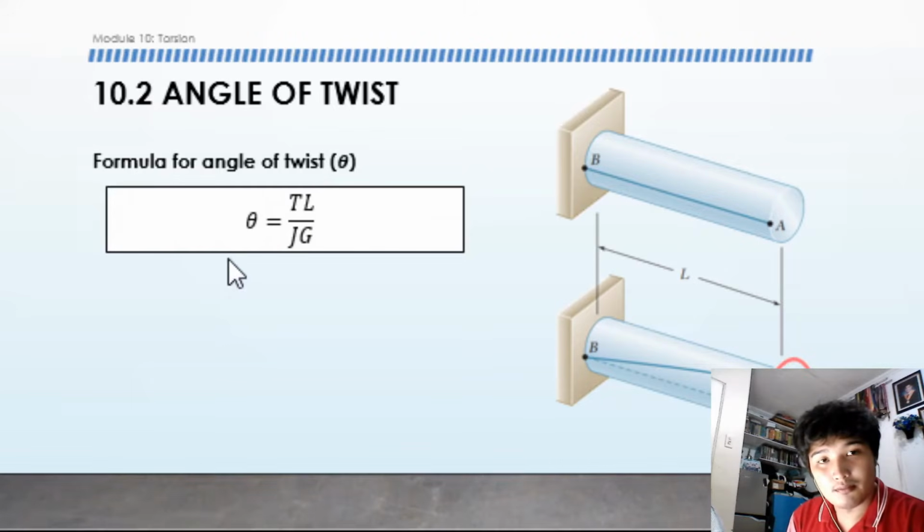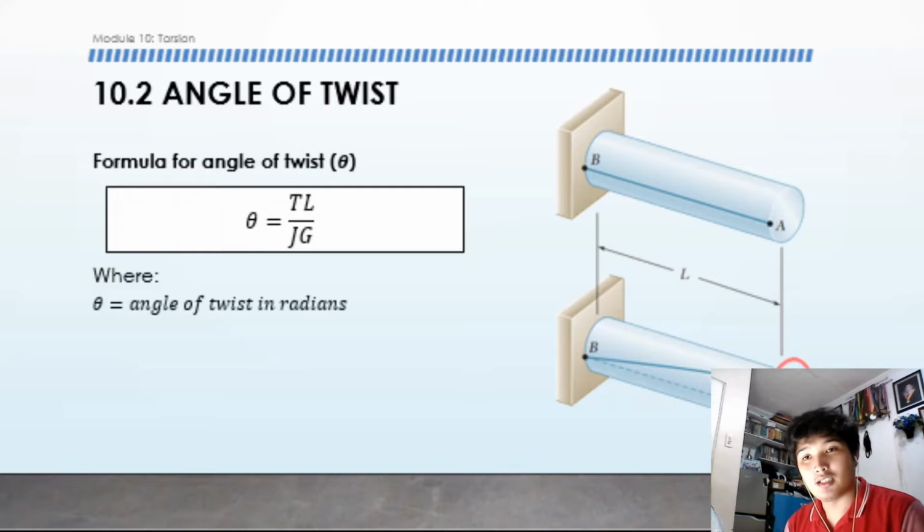So, syempre yung theta, siya yung angle of twist. But the unit no ng theta dyan, if we are going to use that formula, is naka-radians po siya. Okay? So, naka-radians. And then next, ano yung T? Yung T naman po class is yun yung torque applied doon sa member natin. Okay? So, siya yung torque.